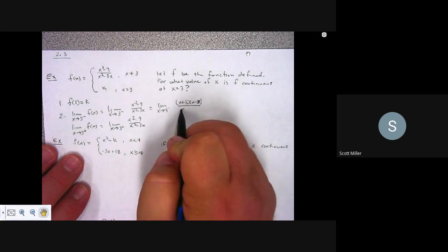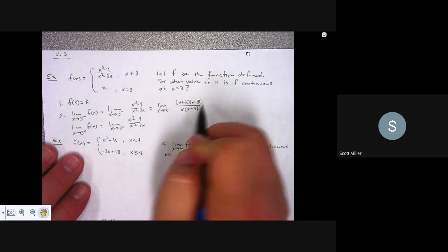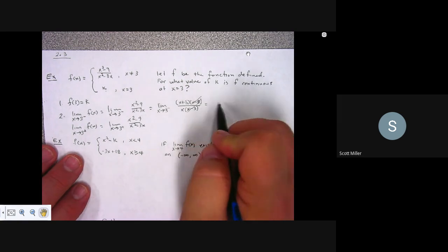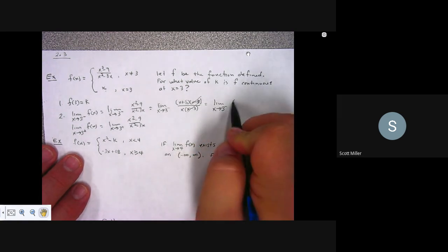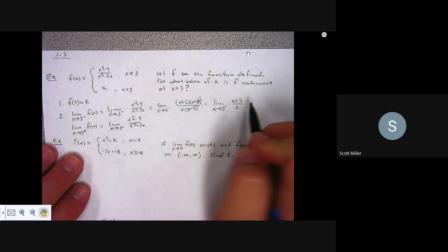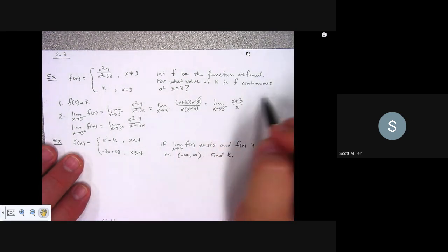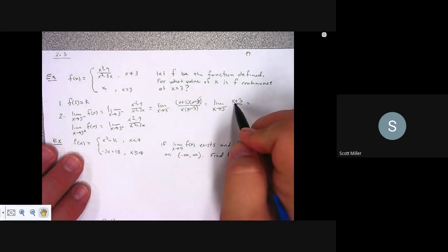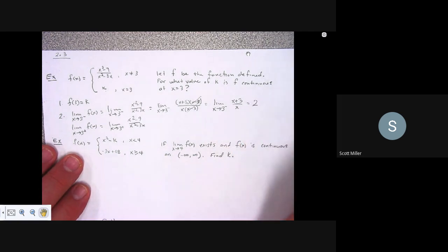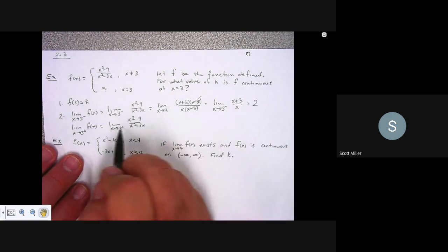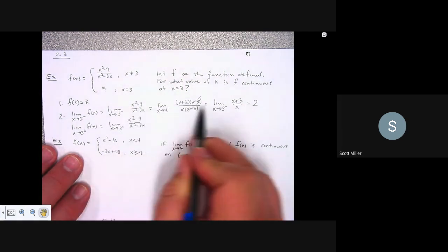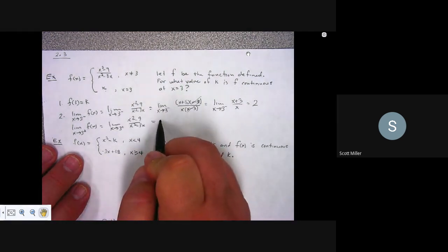The bottom is going to become x times (x minus 3). So we can see that these will reduce out, giving me an equivalent function of (x plus 3) divided by x, for which I can plug in 3. And I'm going to get 6 over 3, which is going to give me a 2. Which means doing the same thing over here produces exactly the same result, and so this will also be 2.